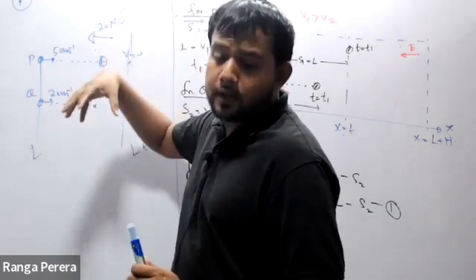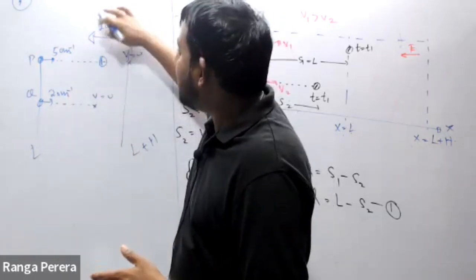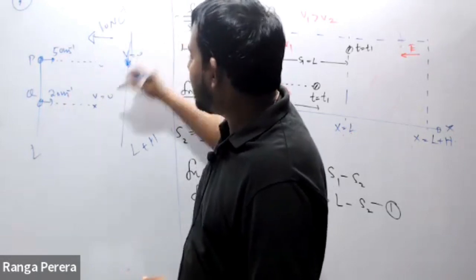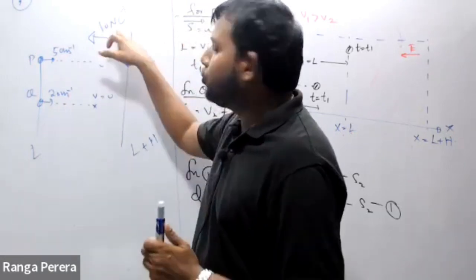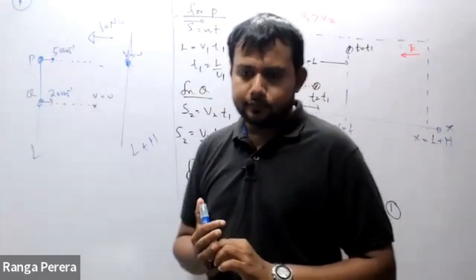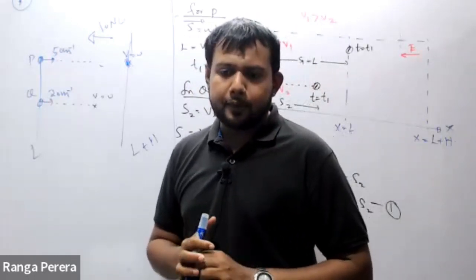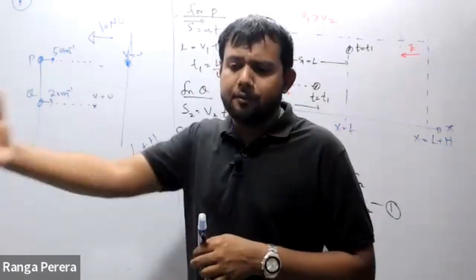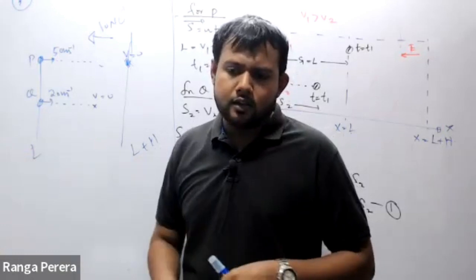If you drop 20 by 10, initially when it was 20, it was here. If you drop by 10, what will happen? Will it jump from L plus H or stop in front of L plus H?